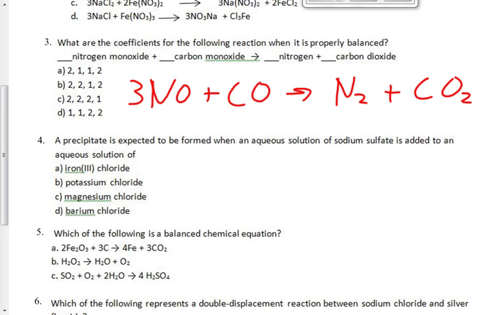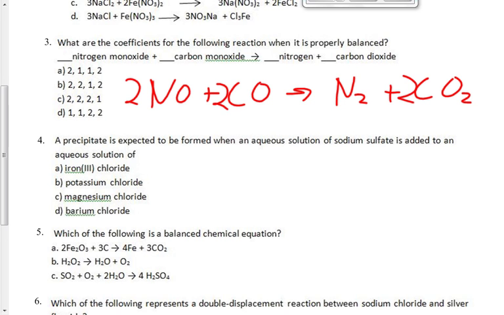So the first thing, that's not a 3, it's a 2, because that doesn't help the odd-even problem. Now I've got 2, now my nitrogens work. How many oxygens over here? I've got 3, but if I put a 2 here, does that take care of that problem? Now I've got 4 oxygens over here, 2 carbons, and a 2 there. We'll fix it all. So it should be 2, 2, 1, 2, which was B.